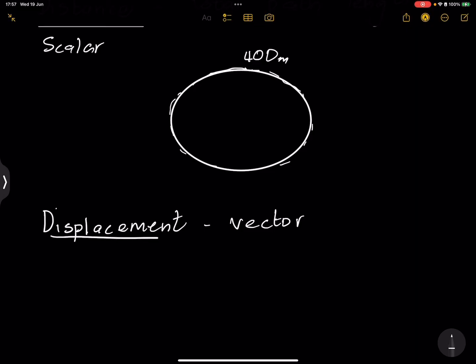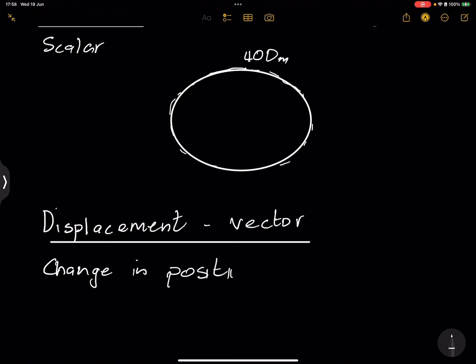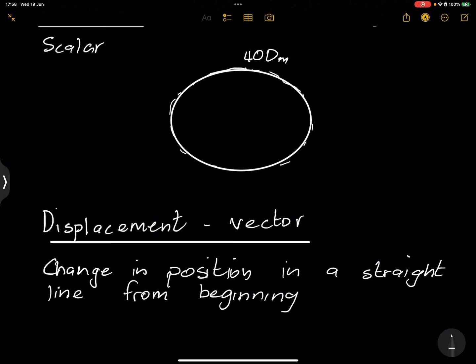Displacement is a change in position, in a straight line from the beginning point to the end point. Remember, we are talking about a change in position in a straight line. Notice that's very important to us. In a straight line, from the beginning to the end point.